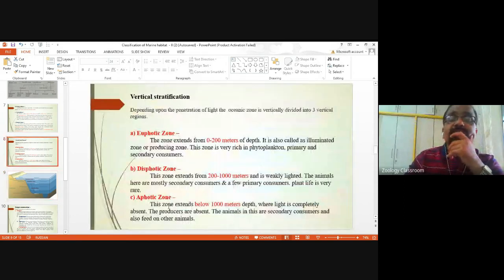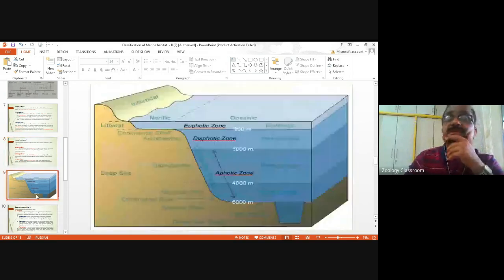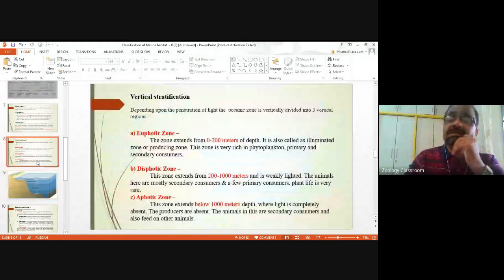Now the third one is the aphotic zone. Below this 1000 meters up to 6000 meters, up to the trench, all of this is the aphotic zone, where light is completely absent.